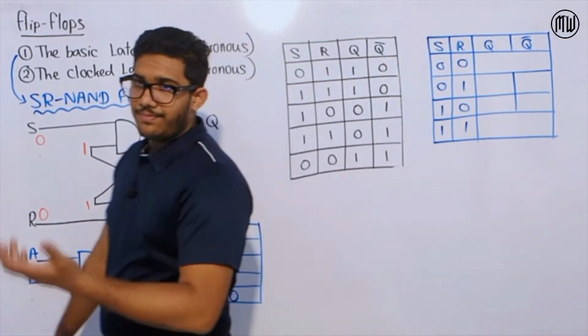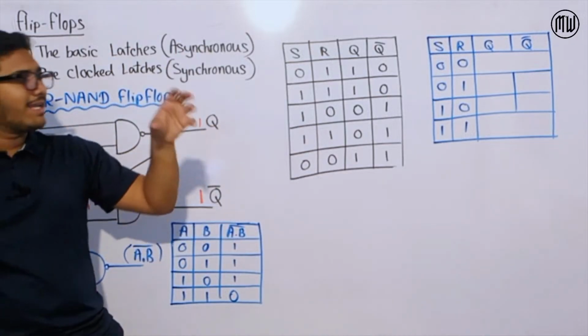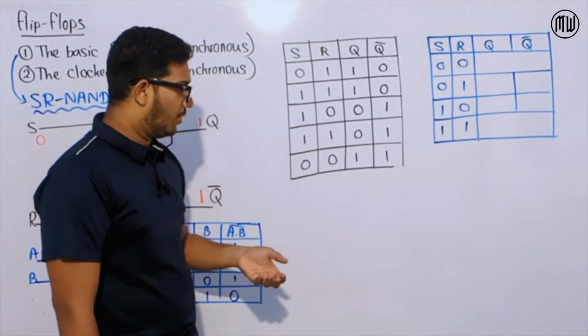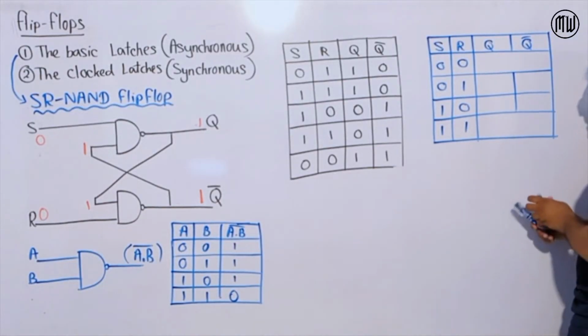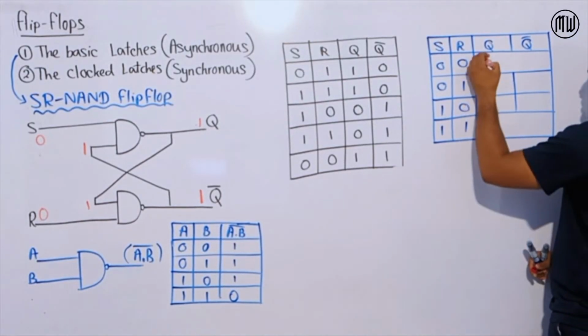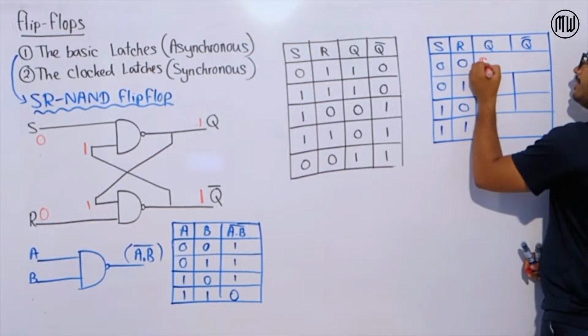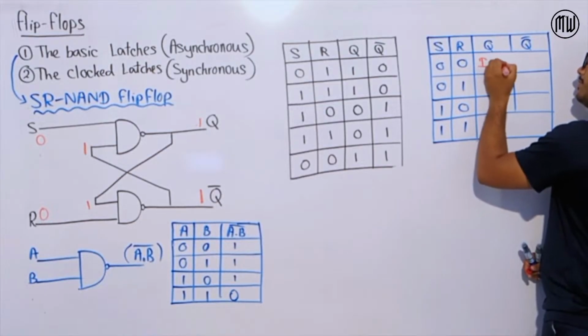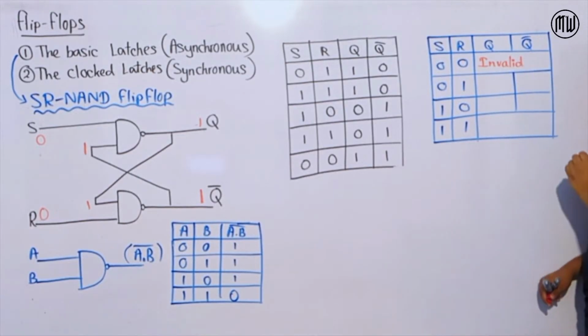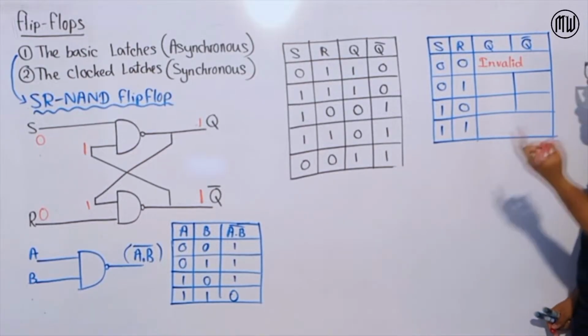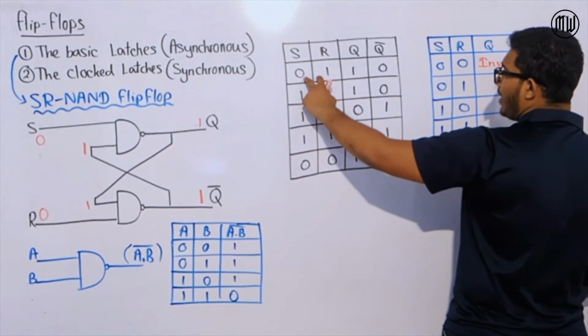As I said, both the Q and Q bar cannot be the same. So it's actually an invalid thing. It's invalid. We just write invalid.